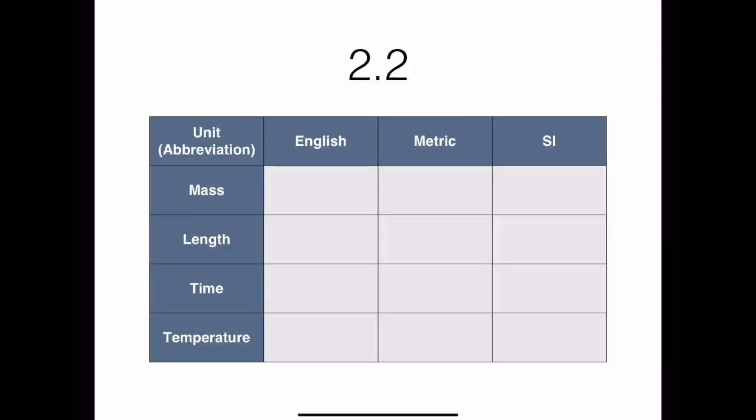We're going to fill out this table going down each column, and then we'll work our way across the table. We're going to start with the English system, or the imperial system, and this is what we use daily. We see units of mass as things like the pound or the ounce.